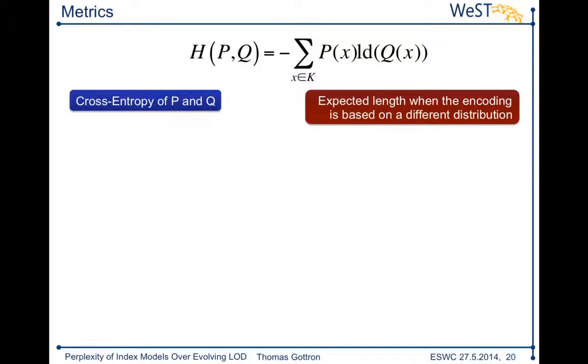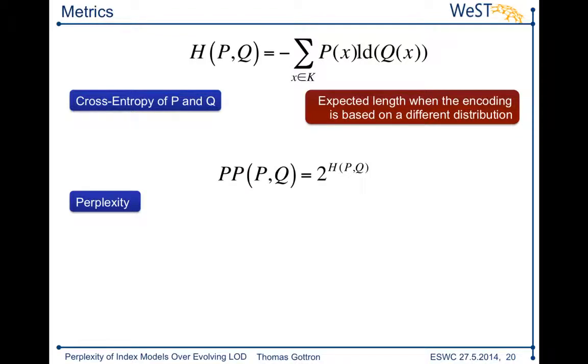Obviously, this will not be optimal, but suboptimal as an encoding length, and so you will get higher values here for cross entropy. Depending on how good your approximation of the probability distribution P by the probability distribution Q is, the values will be lower for a good approximation and higher for a worse approximation.